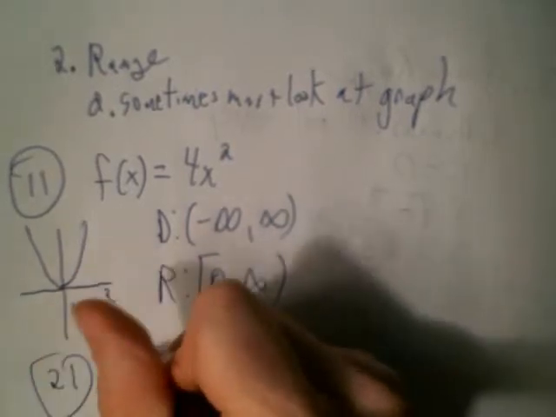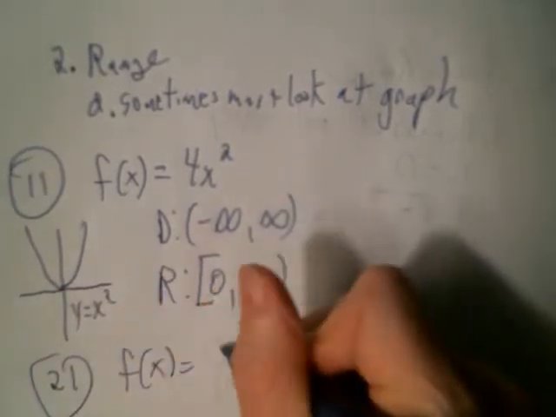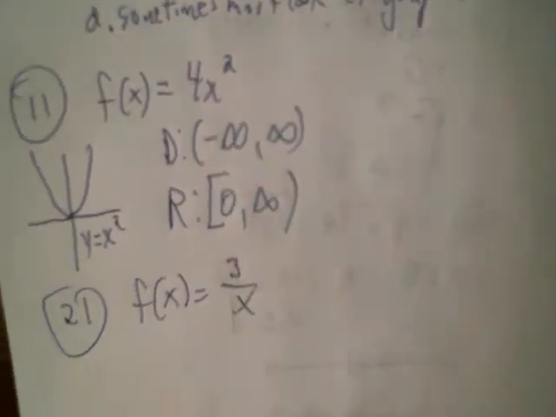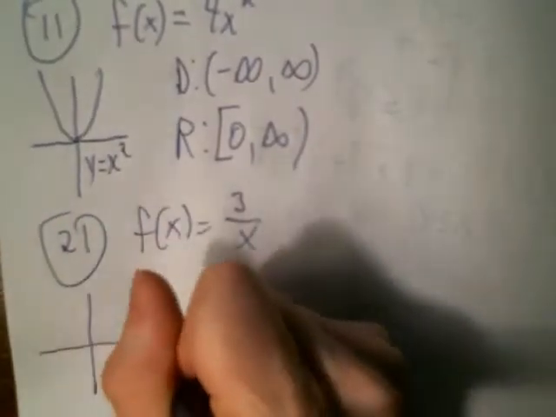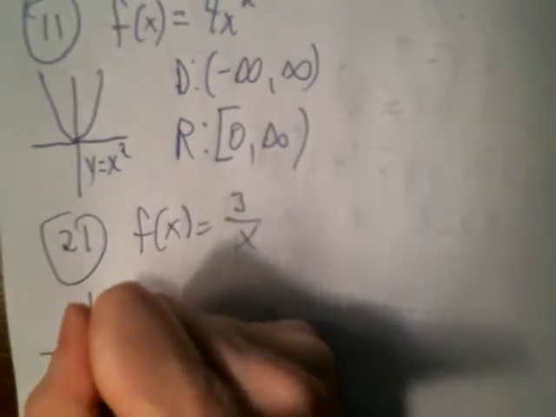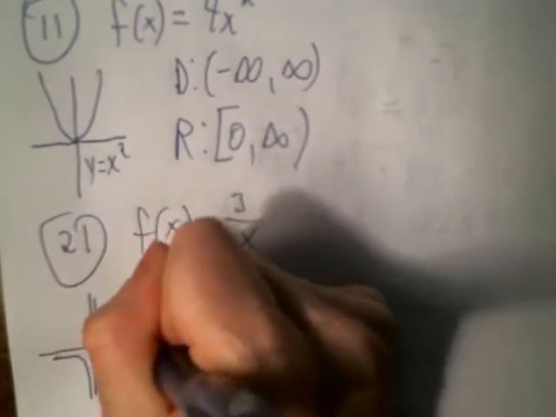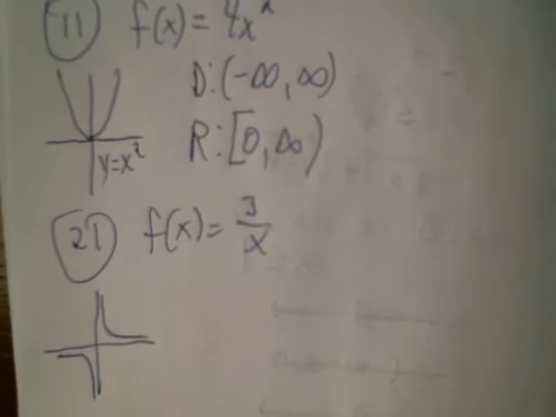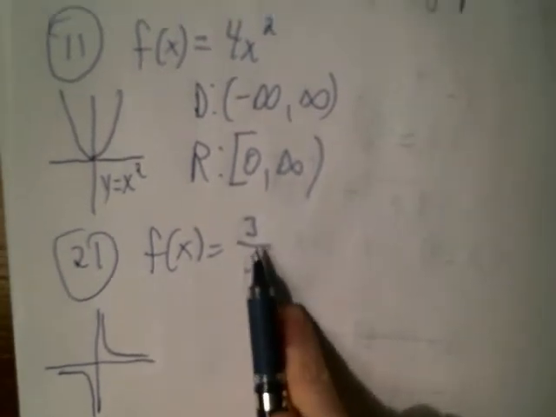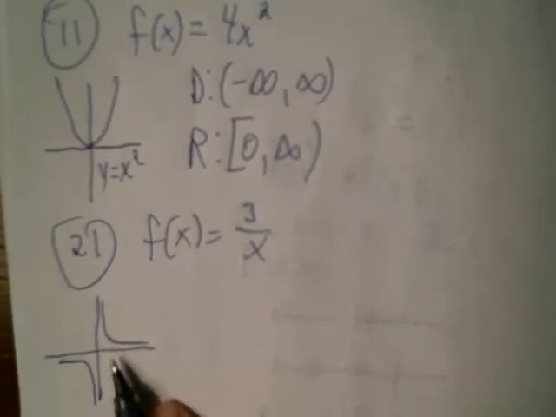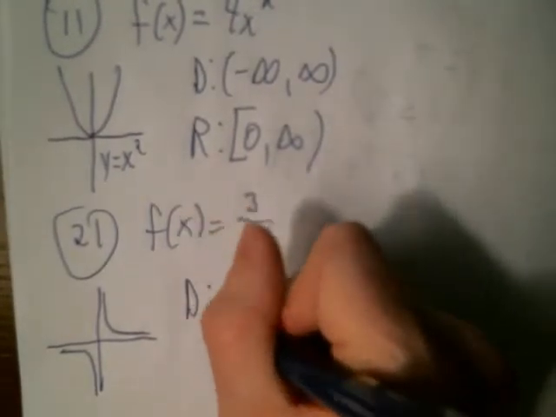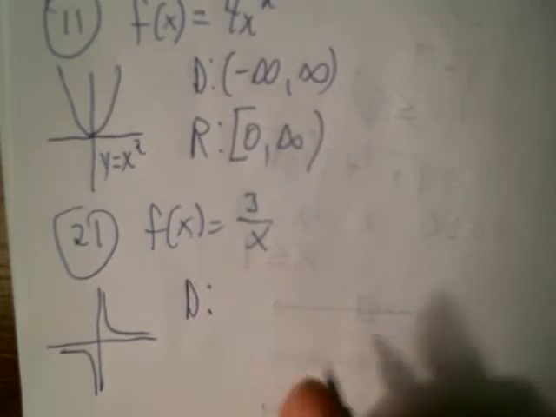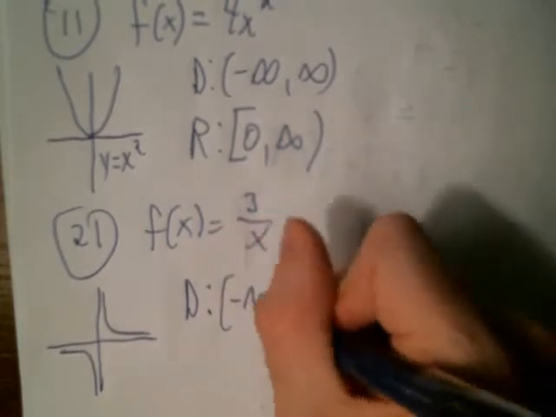Problem 21, I have f of x equals 3 over x. Okay. So the parent function for this is 1 over x. And if you remember what that looks like, it looks like this. Okay. And this guy, again, will just be kind of a stretching of this thing. And the problem for the domain is division by 0. So we're not going to be allowed to use 0 in our domain.